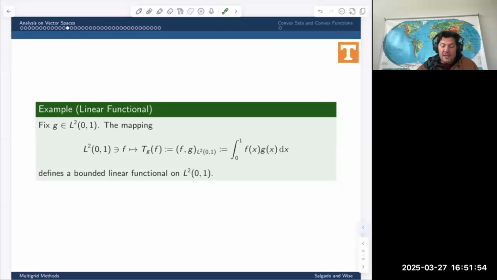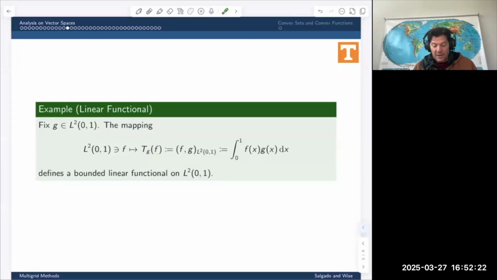All right, let's consider the space L2, the space of Lebesgue square integrable functions. Let's first fix g as an L2 function, and consider an arbitrary function f from L2. We're going to define a linear mapping which takes that arbitrary function and maps it to a number.